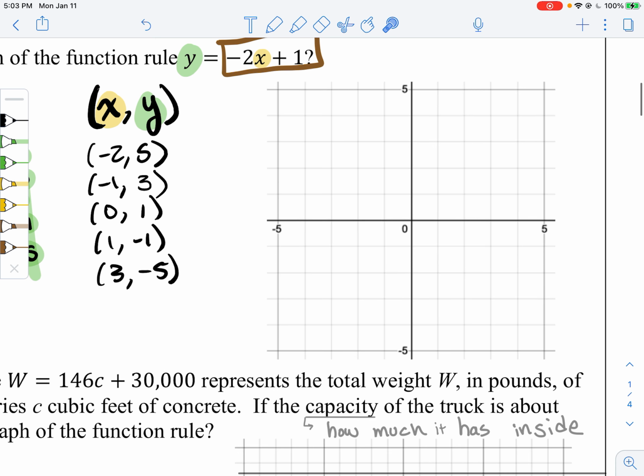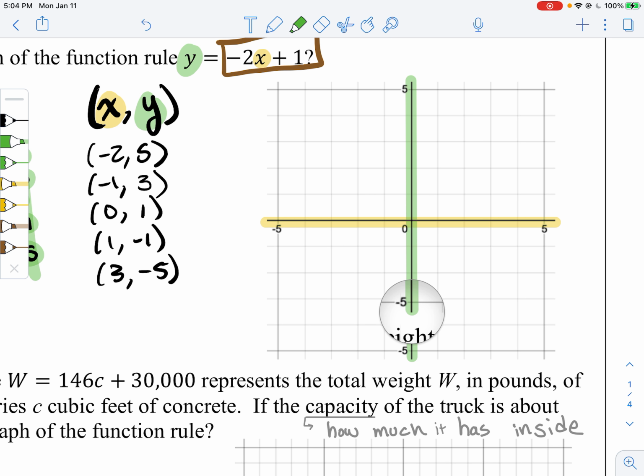Let's put them on our graph. Remember that our x-axis, our inputs, our independents go horizontally, and our y's, our dependents, our outputs, keep switching them, go here.